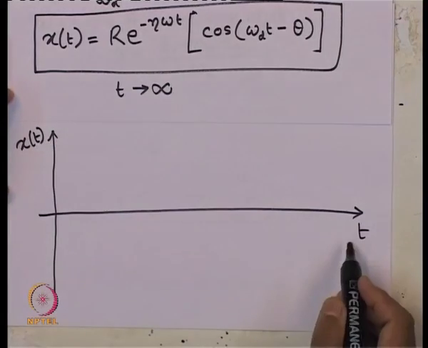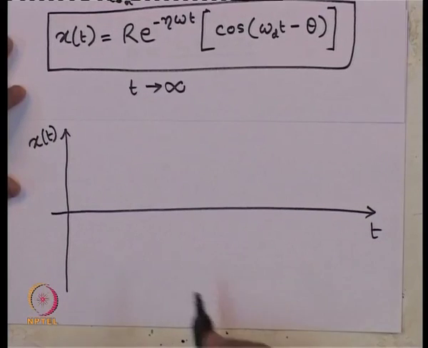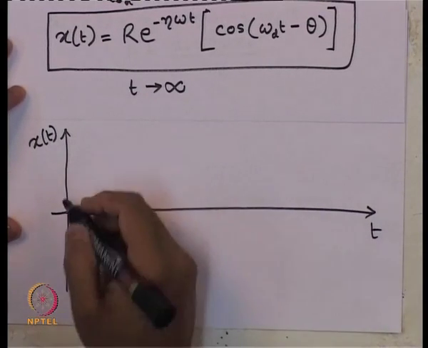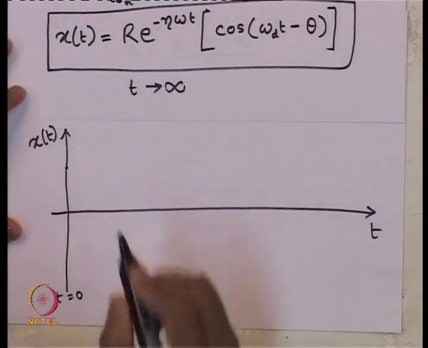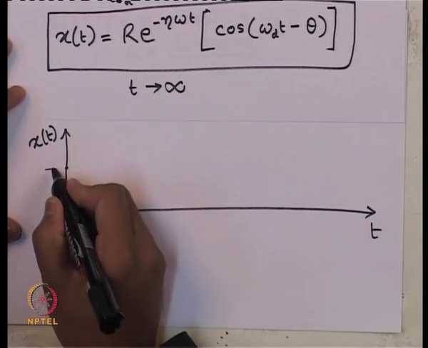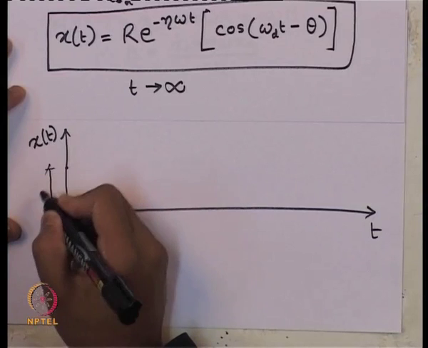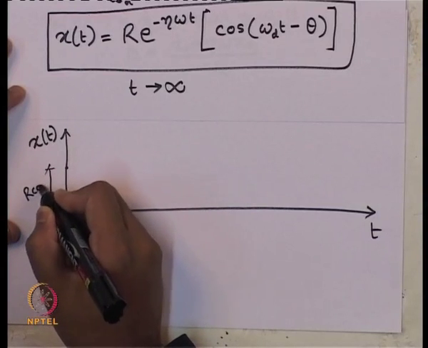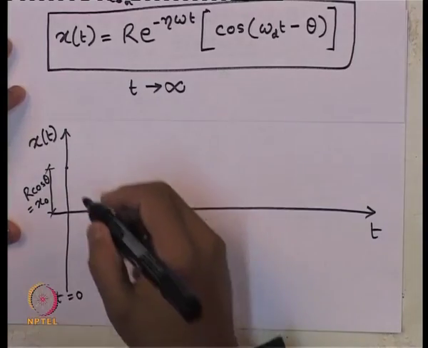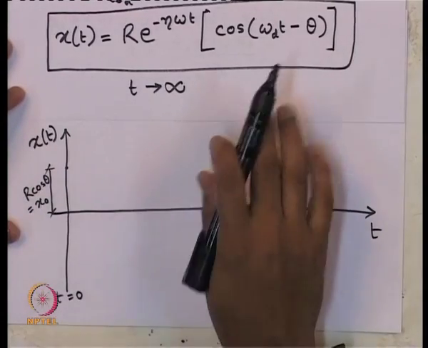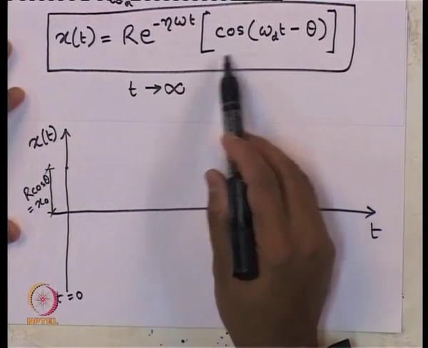X of t I am plotting with respect to t. At t equals 0 we have some value x naught, that is r cosine theta, and with some initial velocity it will start.